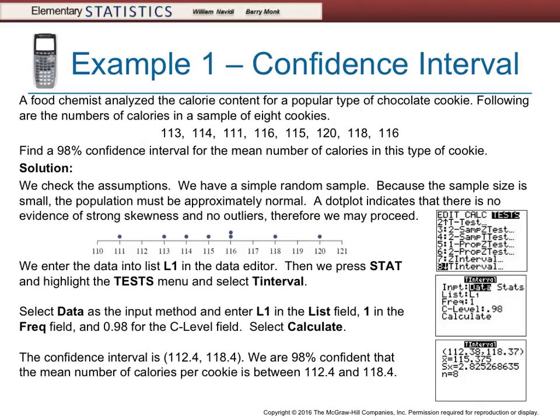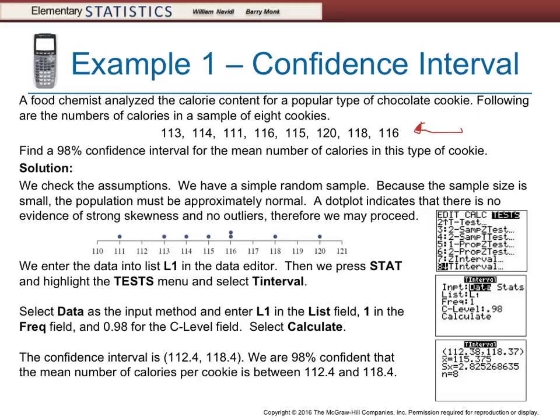So again, we're going to go back to the food chemist that analyzes calories for a popular type of cookie. And we saw in this particular case the following data of 8 different cookies. We want to find the 98% confidence interval of the mean number of calories for this type of cookie.